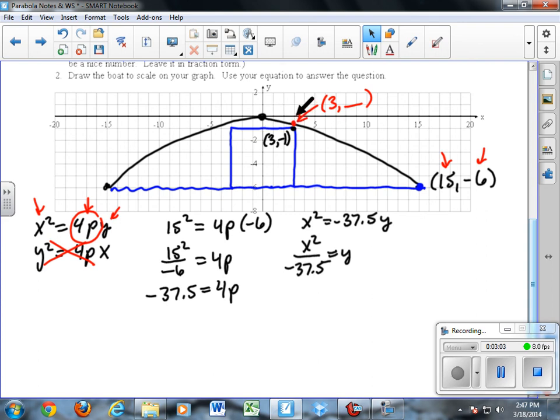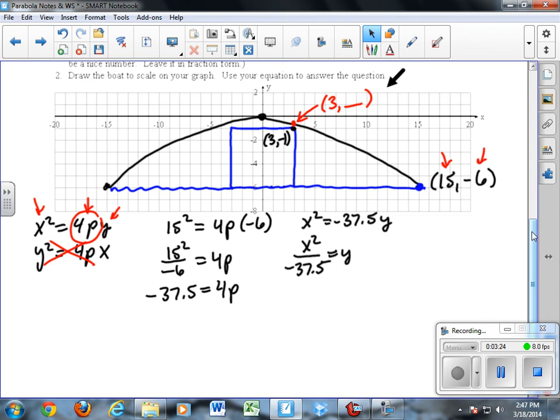So negative 1 down from the road, the surface at the top of the bridge, and 3 from the center. Now what I want to know is, does that point hit the bridge or not? So I need to know when the bridge is at 3 in the x direction, what is the y value of the bridge? Well, I happen to have a nifty equation that will help me figure that out.